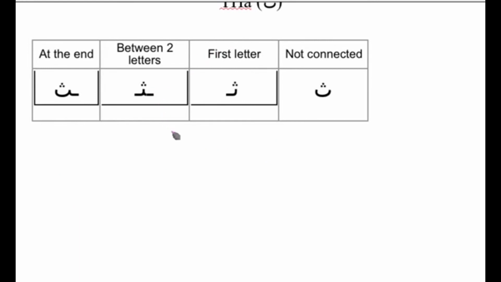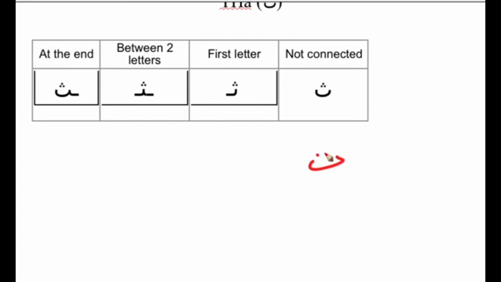Let us write one more option. Actually, hold on, I'm trying to fix this board. Alright, so again the letter Tha is very easy to write.